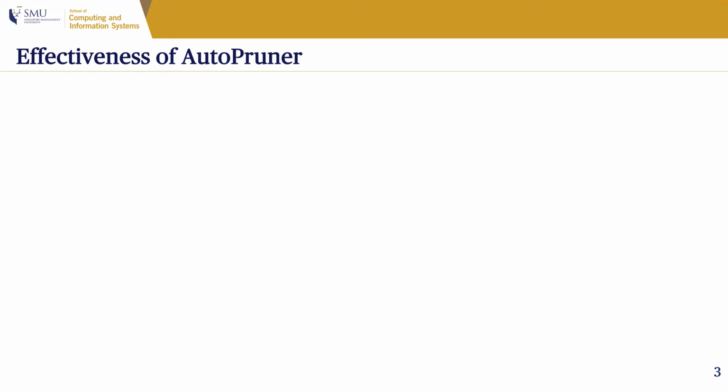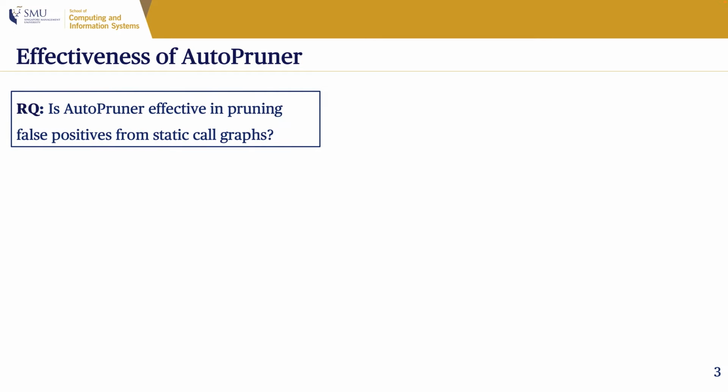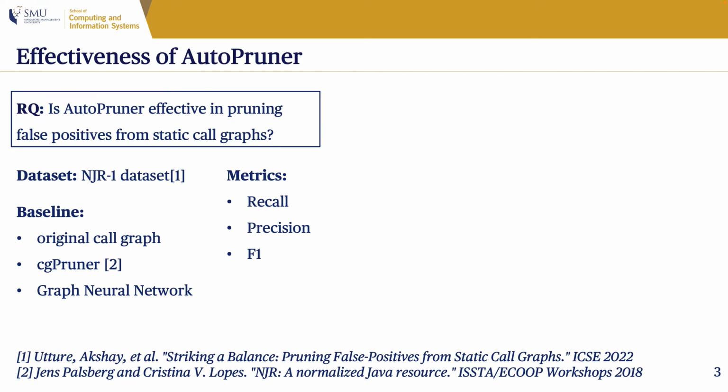To evaluate the effectiveness of AutoPruner, we answer the question: is AutoPruner effective in pruning false positives from static code graphs? To address the question, we use the same dataset as prior work, the NJR datasets, and compare to three baselines: the original code graph, CD-Pruner, the state-of-the-art, and graph neural network, which is the well-known deep learning model for graph-based problems, similar to code graph pruning.